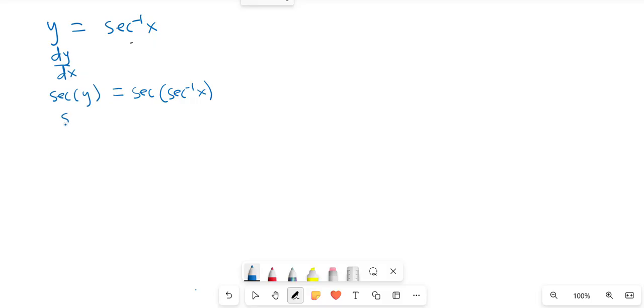Then the right hand side simplifies to just x, because secant of the secant inverse of x is just x. Now we can take the derivative.